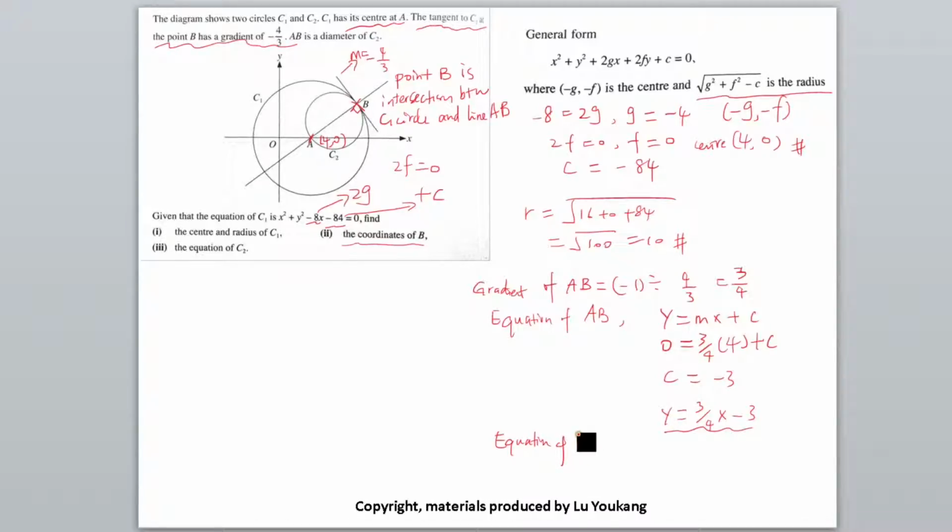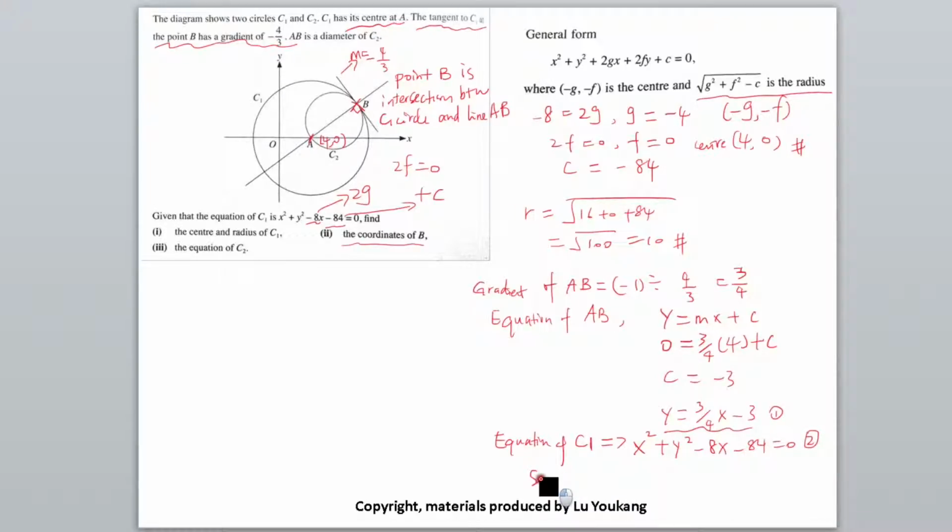The equation of C1 is given as x squared plus y squared minus 8x minus 84 equals 0.